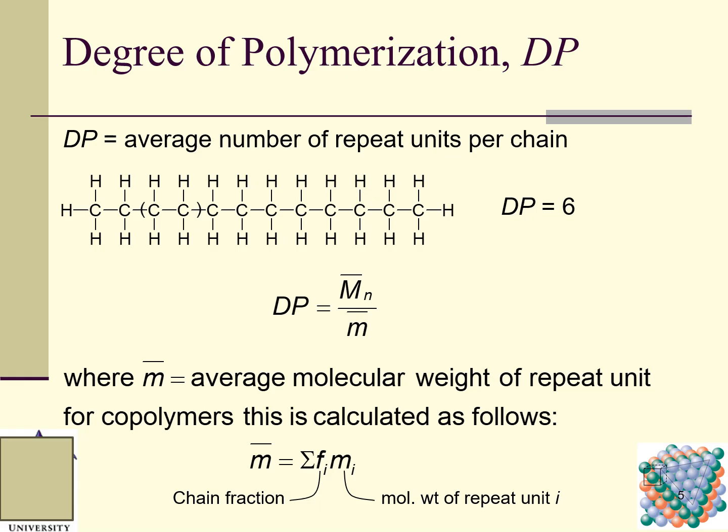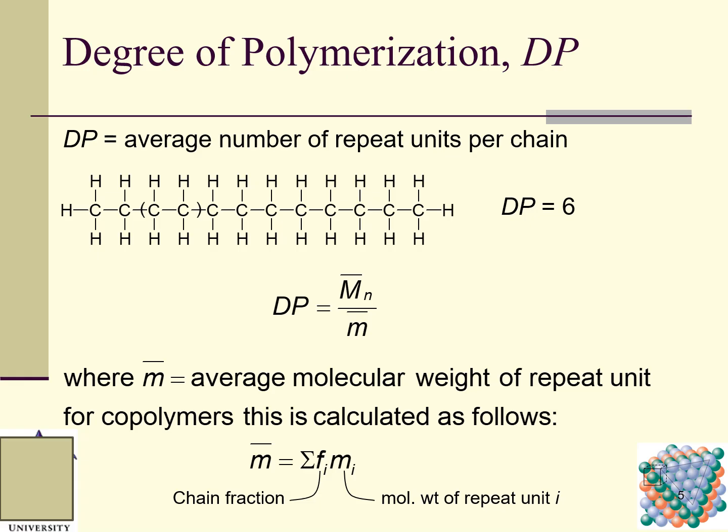How can we calculate the DP mathematically? We use this Mn, the molecular weight based on number fraction, divided by M bar. M bar is the average molecular weight of the repeat unit.